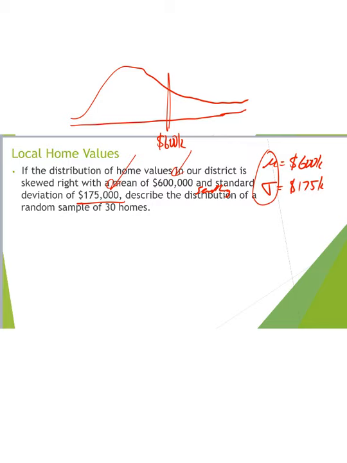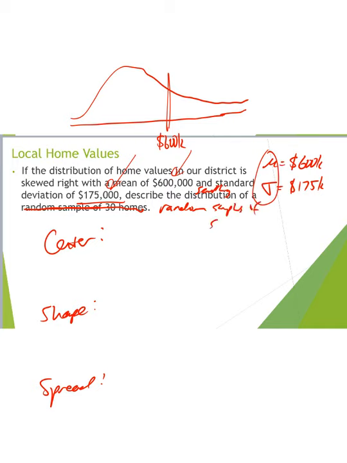So what we are going to do here is look at center, shape, and spread. Okay, and this is worded poorly here, but let's assume that this is describe the sampling distribution of random samples of size 30.